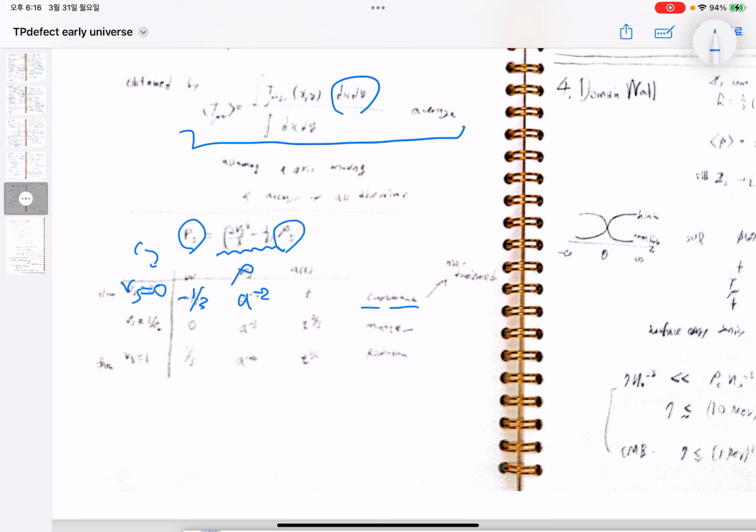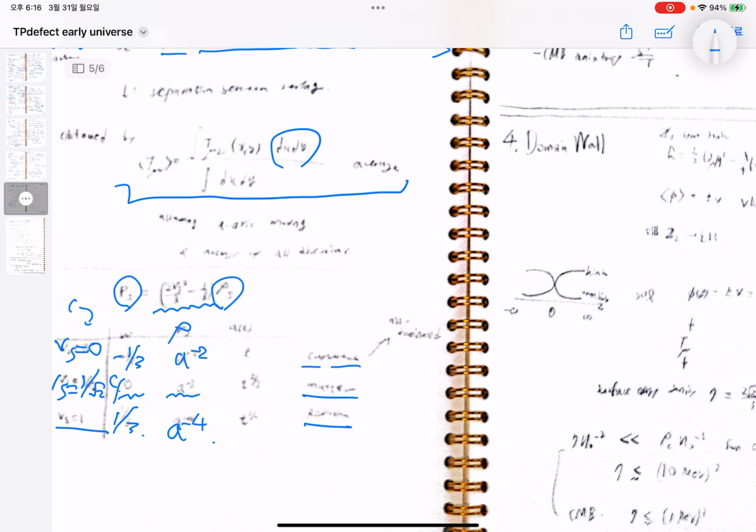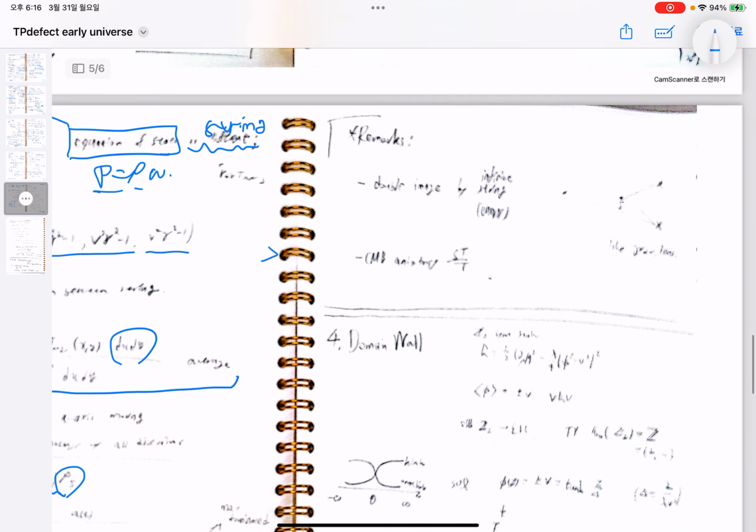This is curvature-like. But if the cosmic string velocity Vs is 1/√2 c, then the equation of state is 0, so the density goes as H to the minus 3. This is matter-like. And if Vs is almost 1, the speed of light, the equation of state is 1/3, and this gives H to the minus 4, almost radiation-like. So depending on the cosmic string velocity, the equation of state is different.